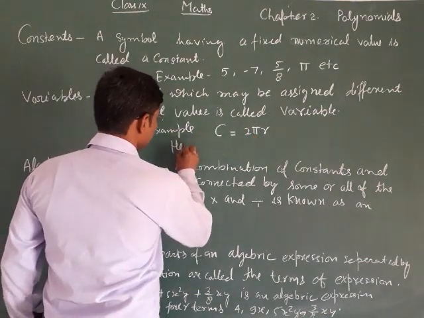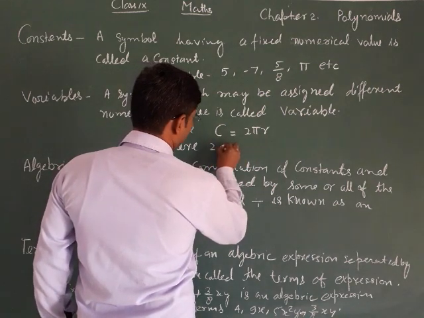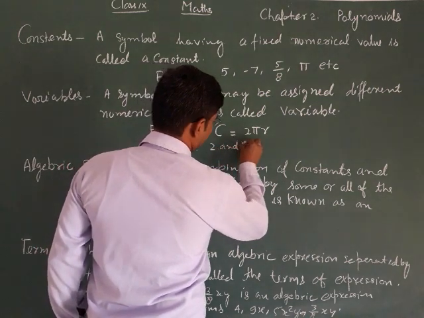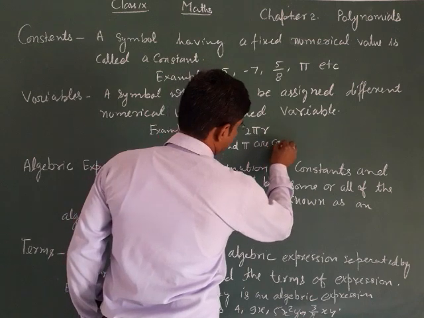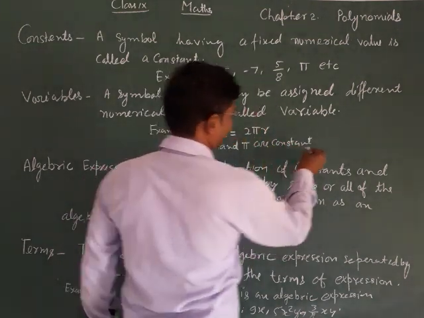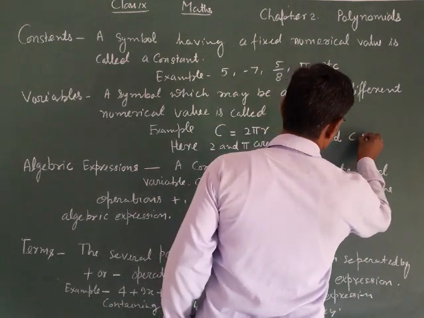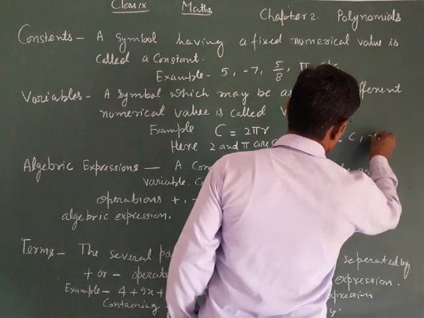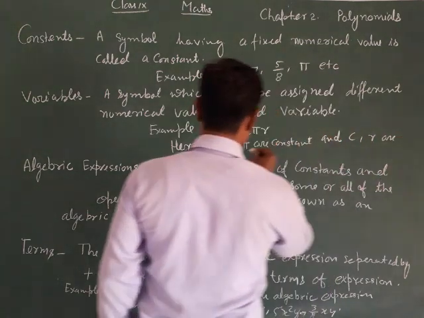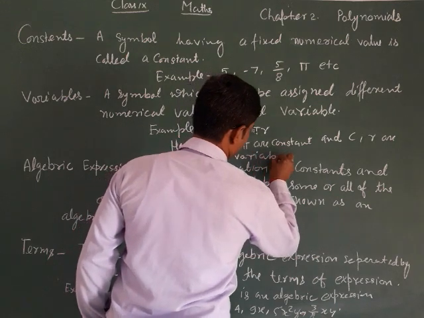Here 2 and pi are constants and c, r are variables.